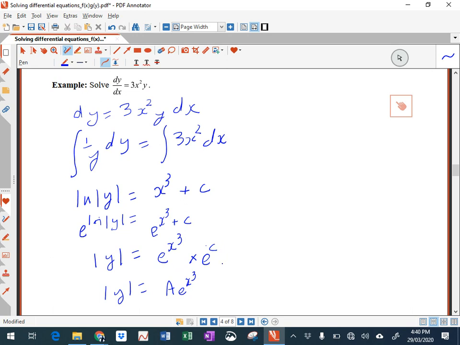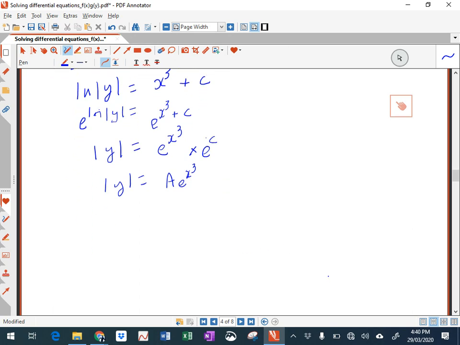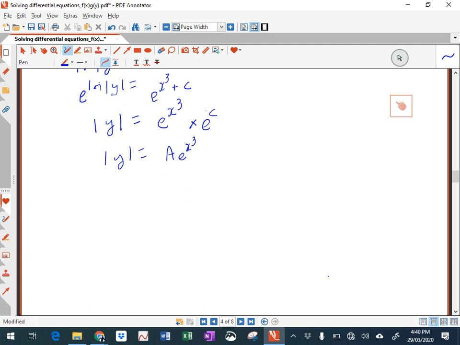Now, we should give this a little bit of extra information. So if I just scroll down here. All right, so what can I say then about this equation? Well, essentially, you've got to consider the plus and minus cases, don't you? So you're going to say y will be equal to a e to the x cubed if y is bigger than 0.